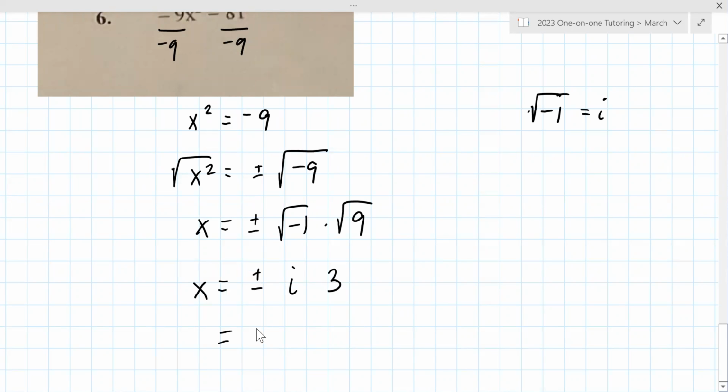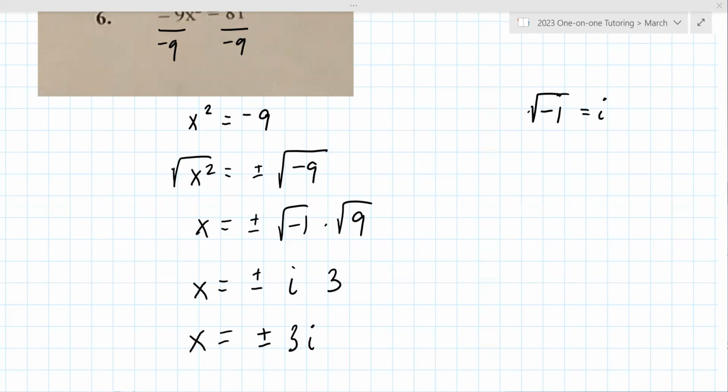So this comes together to be plus or minus 3i. Is that okay? Kind of? Yeah. All right.